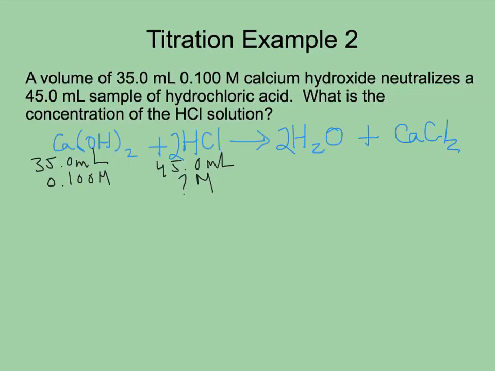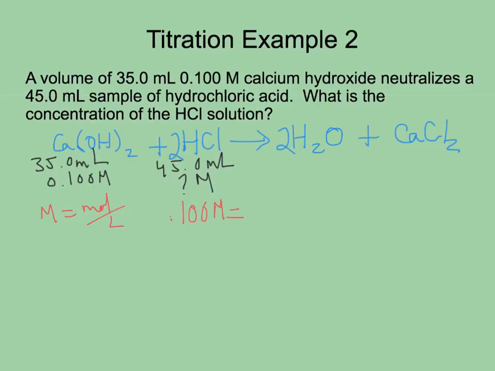So when it comes to the calculation, first step is find the moles of the substance that you have enough information about. So calcium hydroxide, we have the volume and we have the molarity, so we can figure out the moles. So again, molarity is moles per liter. So I know it's 0.100 molar.